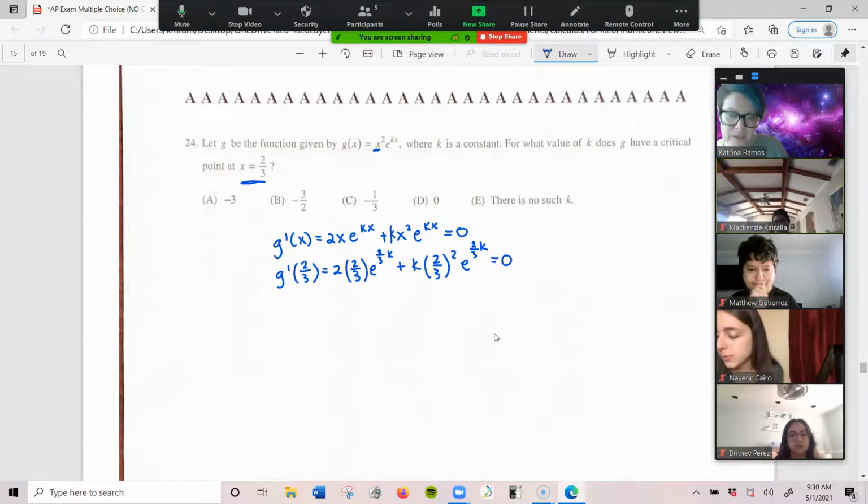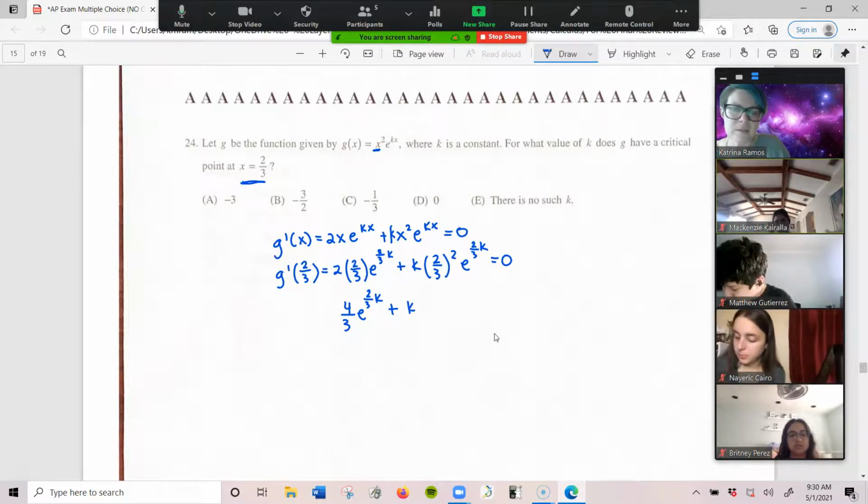Here we can multiply this. 2 times 2/3 is 4/3, times e to the 2/3 k, plus k times 4/9, because we have to square the entire fraction, so we get 4/9 k times e raised to the 2/3 k is equal to 0.